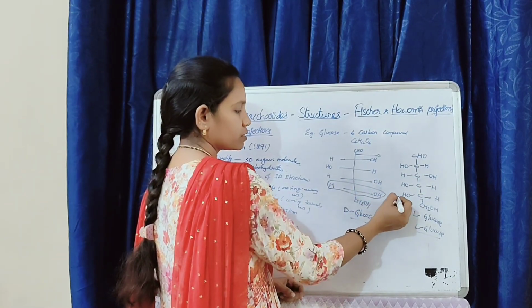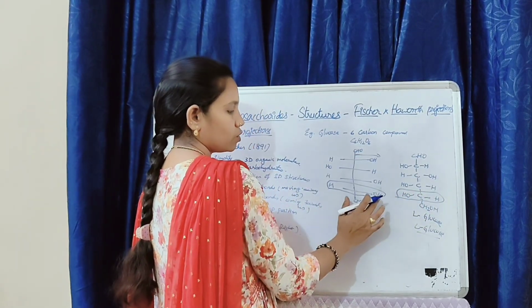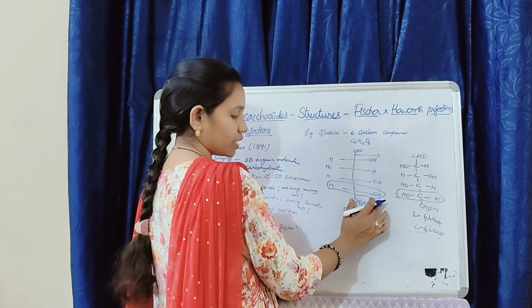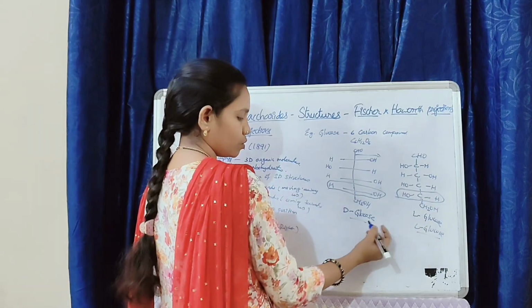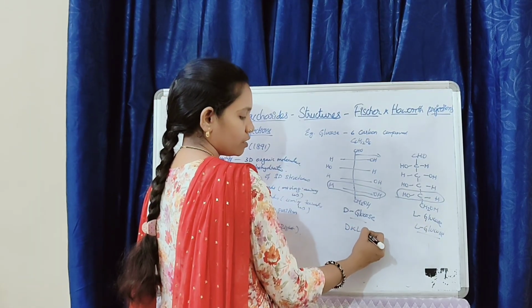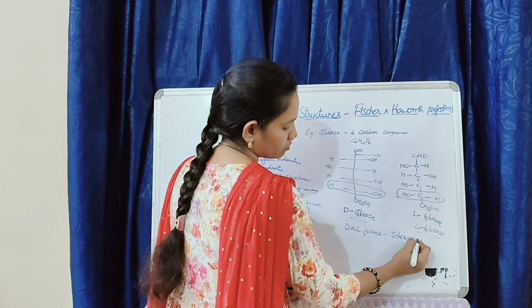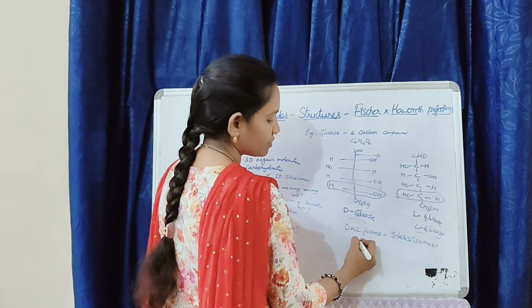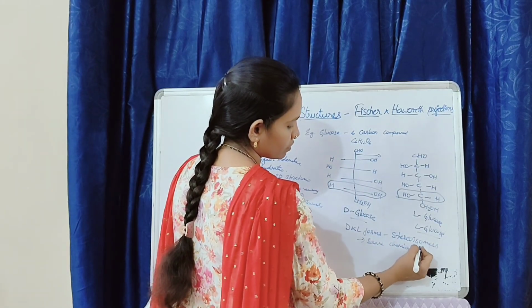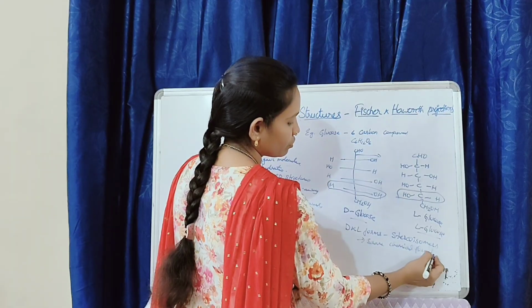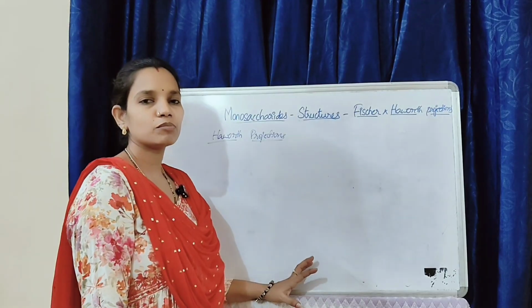But the specific difference is the second last carbon configuration. If the OH is on the right, it is D-glucose. If it is on the left, it is L-glucose. So here D and L forms are stereoisomers, meaning they have the same chemical formula, but the arrangement of atoms is different. Is it clear?